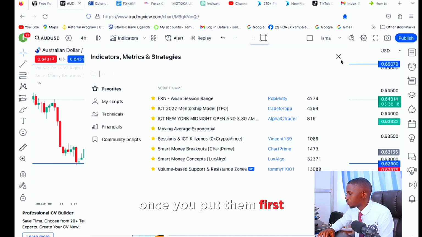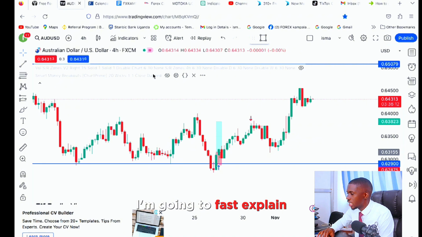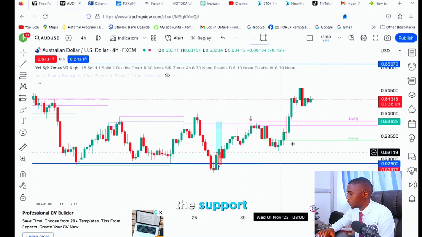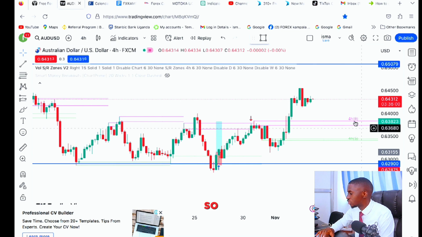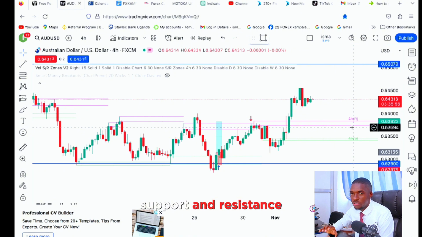Once you put them on, first I'm going to explain the volume based one. The volume based indicator drafts for you the support and resistance levels as you see in the 4-hour time frame. So it's basically drafting us the 4-hour time frame support and resistance.